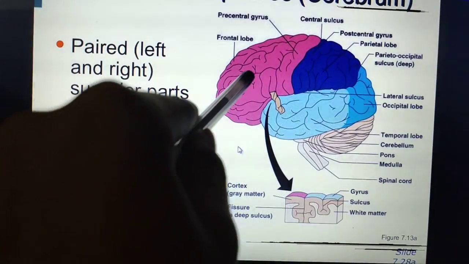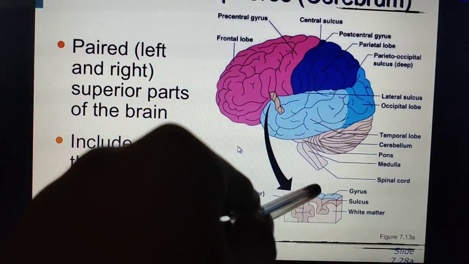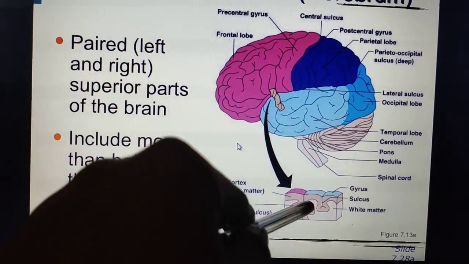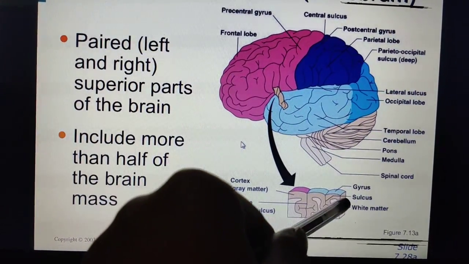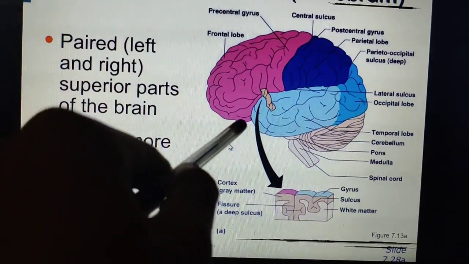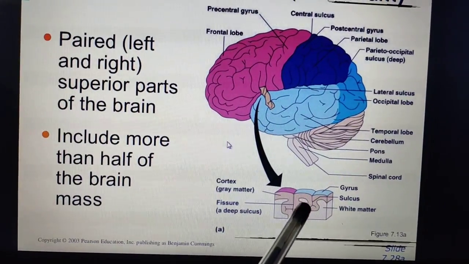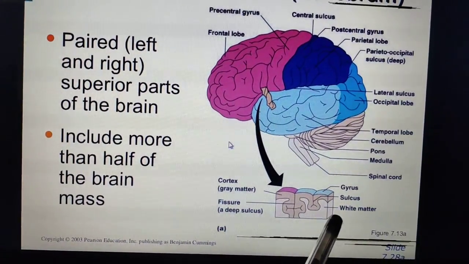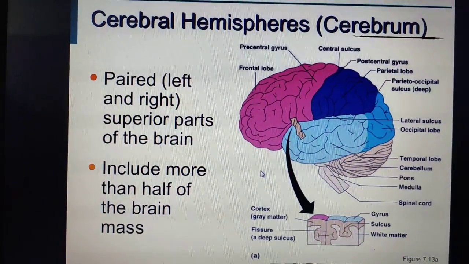And the line which goes in depth, that we call sulcus. Okay, and one more thing you should know: the outer covering of the brain we call gray matter, and the inner part we call white matter. Just have an idea. We'll discuss in depth in the next slides.